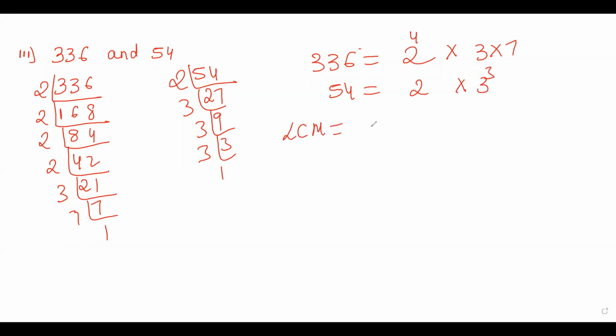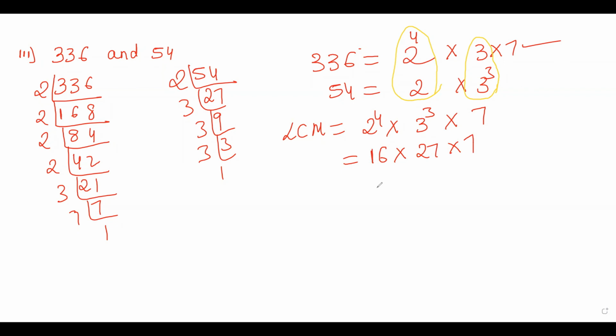In case of LCM, if the factors are common, you will be taking the bigger one. These two are common factors, so take the bigger one in case of LCM. You have to take the uncommon factor also in LCM. 16 into 27 into 7. Can you tell the product, any one of you? 3024.